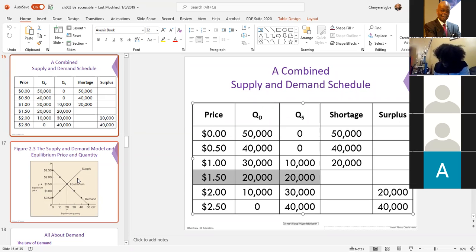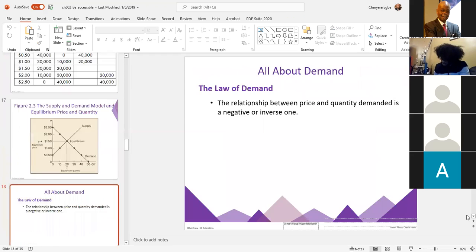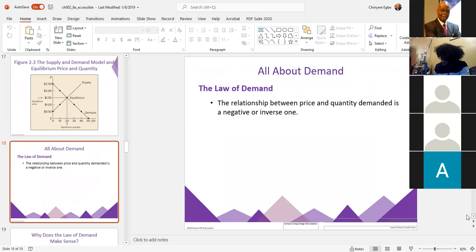You achieve equilibrium, which you see in this chart. When the price is $1.50, the quantity that buyers want to buy is equal to the quantity that sellers want to sell. So the equilibrium price is $1.50 and the equilibrium quantity is 20,000. Is that clear now?